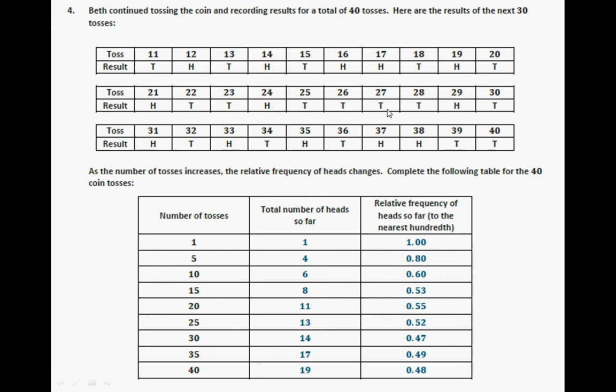Now instead of doing each one, we're just going to look at the number of tosses, 1, 5, 10, 15, and 20, and then count up the number of heads so far. So after 15 tosses, there are 8 heads, so 8 divided by 15 is 53 hundredths. After 40 tosses, there were 19 heads, so 19 out of 40 is 0.48 or 48 hundredths or 48%.